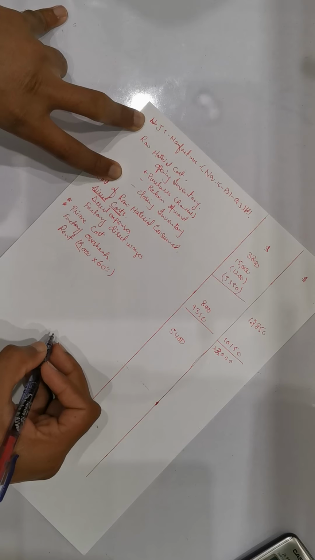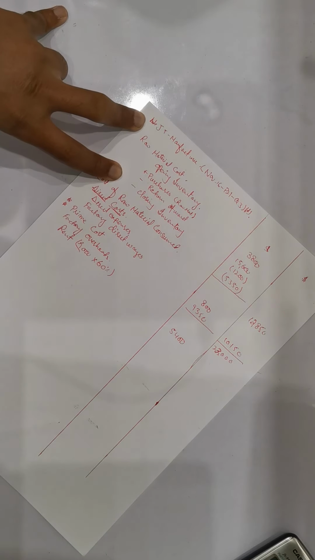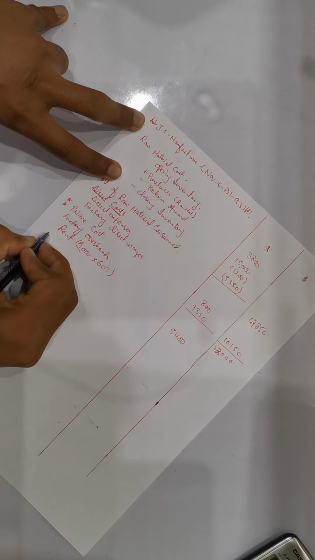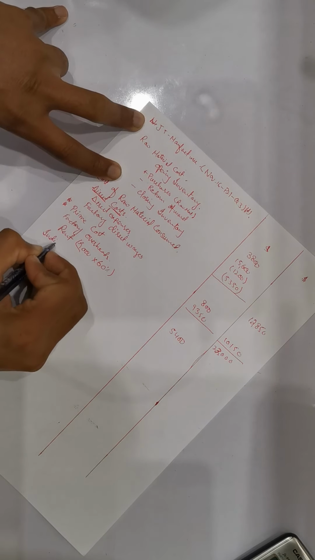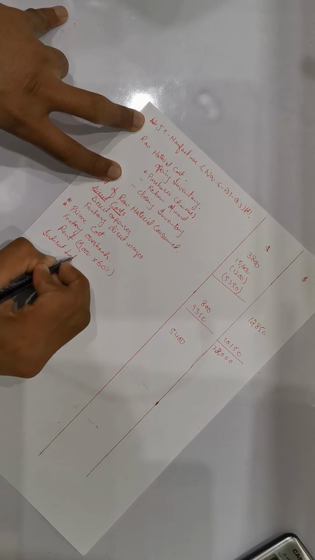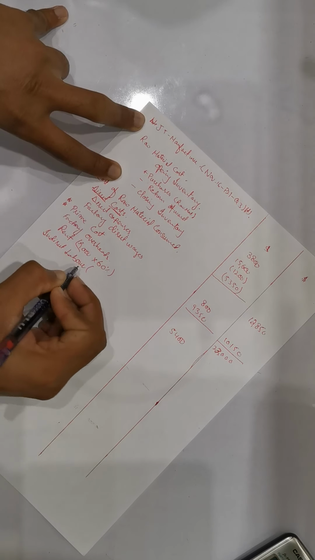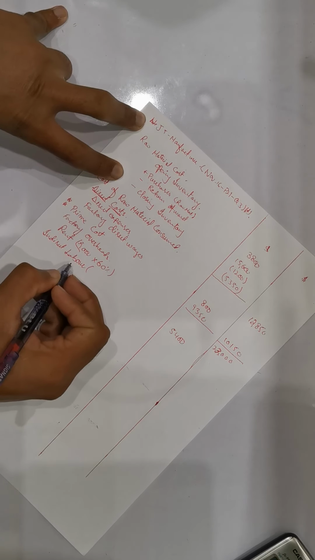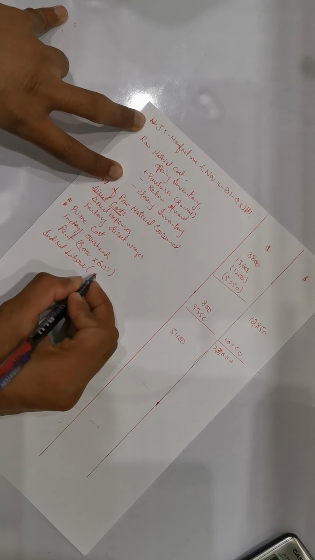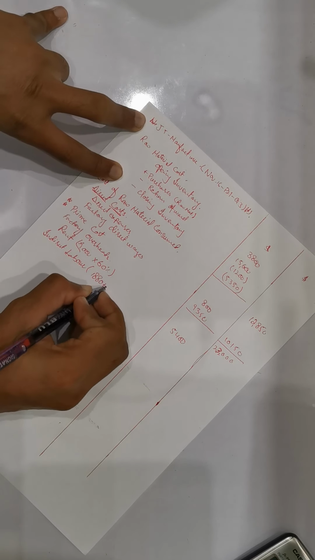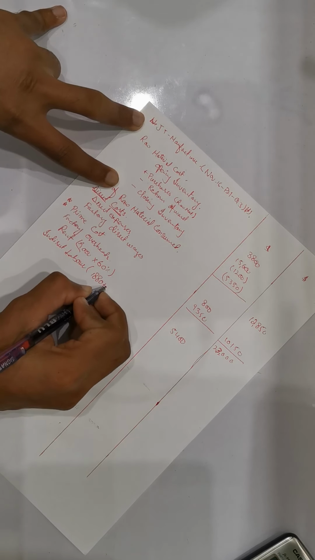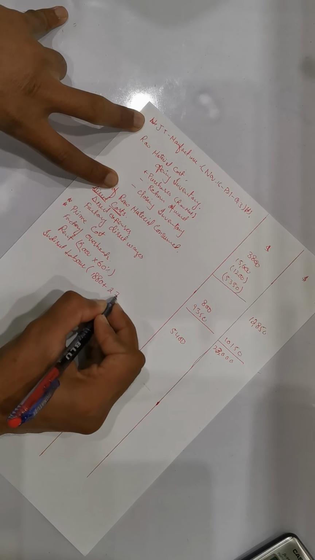The next value is the factory indirect labor. There are two costs given. One is the gross pay, which is 1880, and the other one is the social security contribution, which is 270.